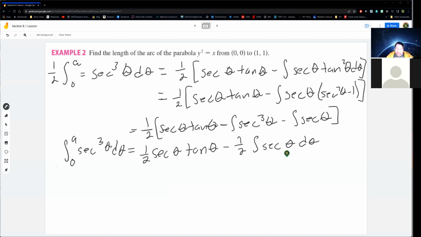Now this is the one where there is just an integral that you have to remember. So I have 1/2 secant theta tangent theta minus 1/2, and this one was ln of secant theta plus tangent theta.